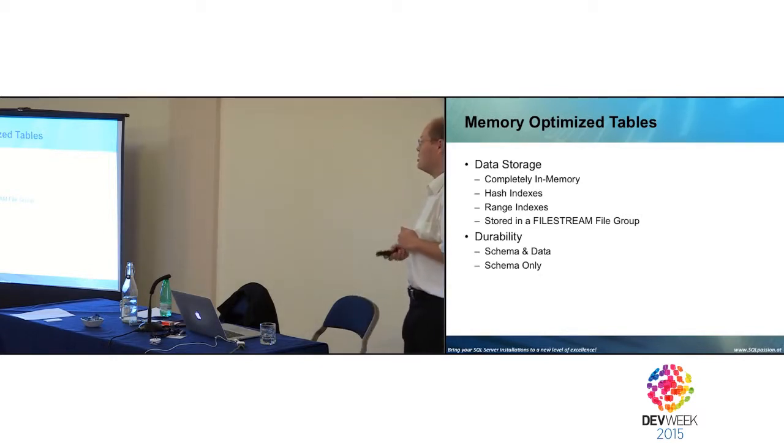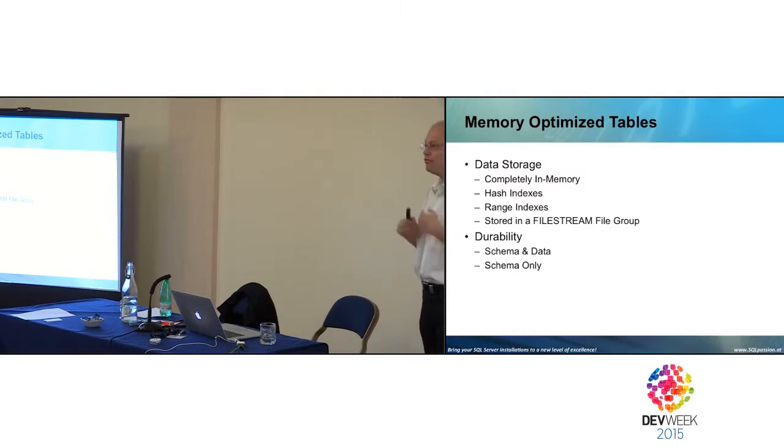A range index, as the name implies, can be used when you're selecting a range of records from a memory optimized table. For example, you are interested in all your customers from London, or all your orders from the current month.